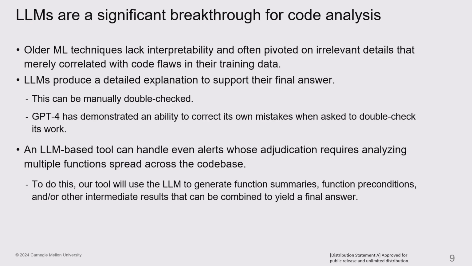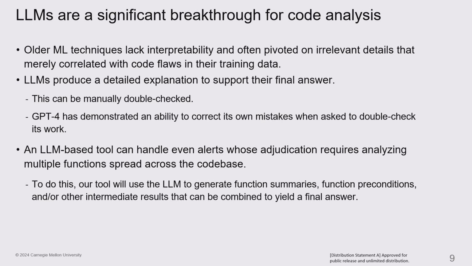LLMs, on the other hand, produce a detailed explanation to support their final adjudication, and that explanation can be manually verified by experts. GPT-4 has demonstrated an ability to correct its own mistakes when asked to double check its work.